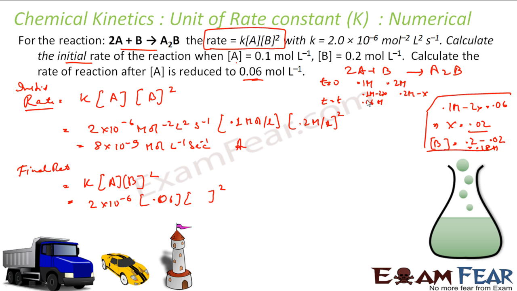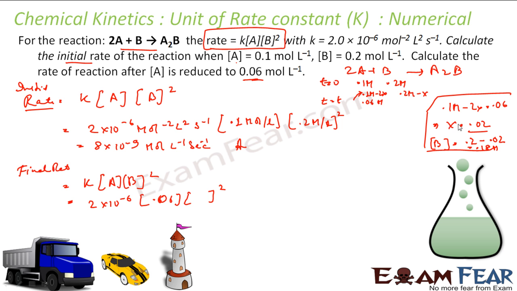Hope you understand this. See, 0.1 M minus 2x, this is the concentration after some time t. If there is a concentration of A, the concentration of B will be 0.2 M minus x. As 0.1 M minus 2x, that is the concentration of A, is given 0.06 M, you solve this, x becomes 0.02 moles per liter.